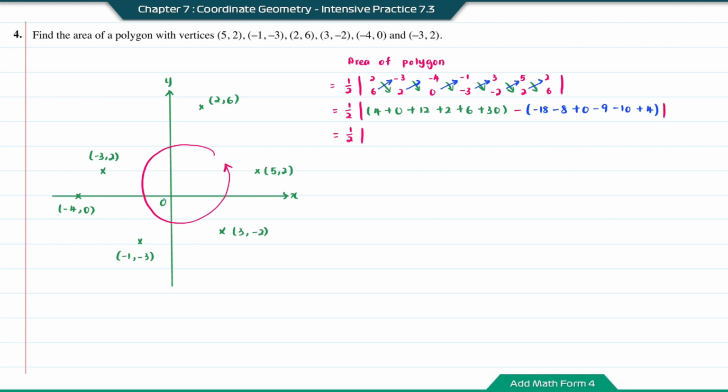So here the total answer in the first bracket will be 54. Then minus the total answer in the second bracket, which will be -41. So this is the same as 54 plus 41. So this will be 1/2 times 95. So the answer will be 47.5 units square.